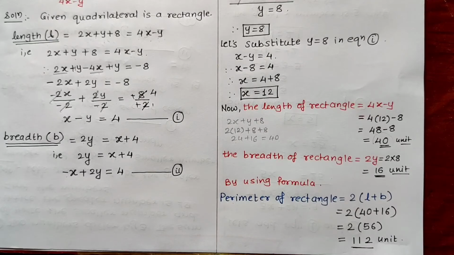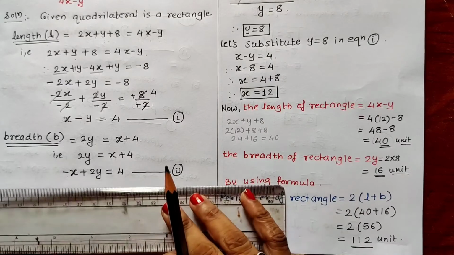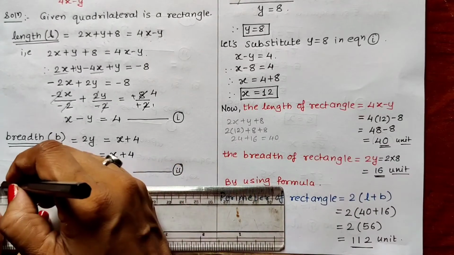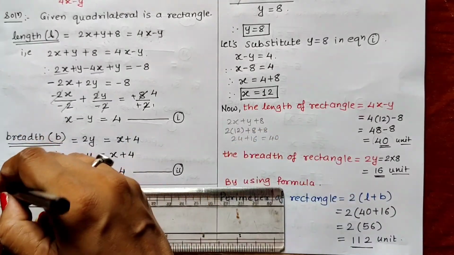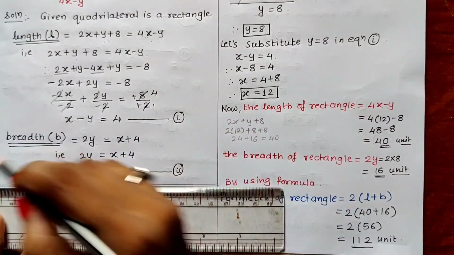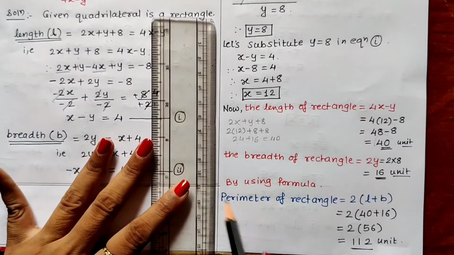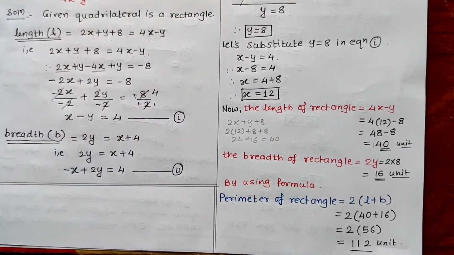So as I don't have space here, I will be writing here area of rectangle. Okay. In this way, here I am having the space, so I will be showing here.